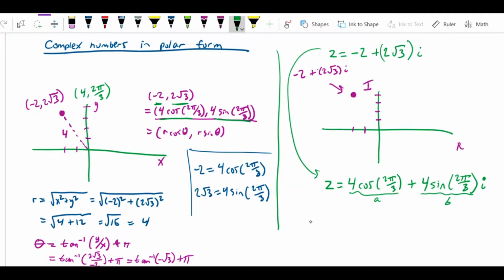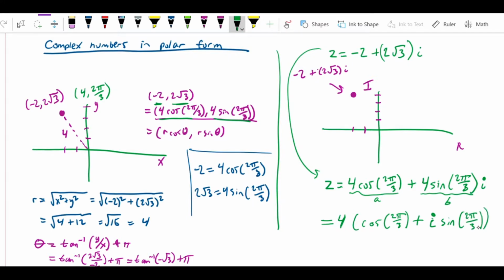Now, before I go on, I want to factor something out here. I want to rewrite this as 4 times cosine 2 pi over 3 plus i sine of 2 pi over 3.